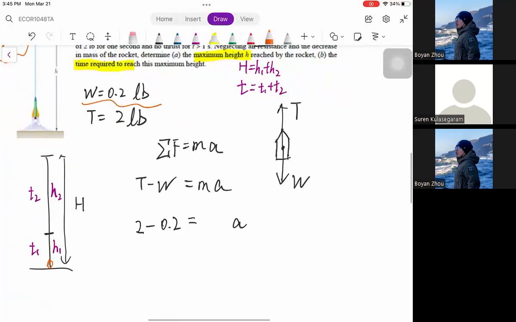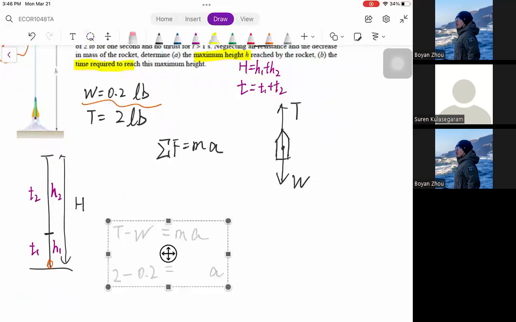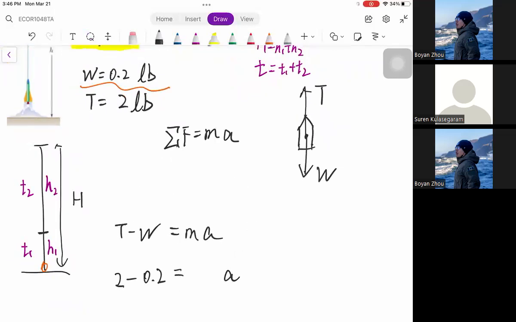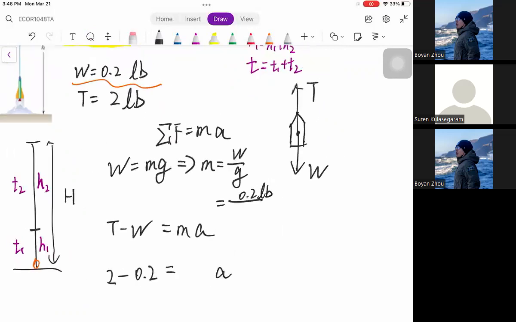The weight is equal to the mass times the gravitational acceleration, so mass is equal to W over g. That is 0.2 pounds over the gravitational acceleration in empirical units, which is 32.2.